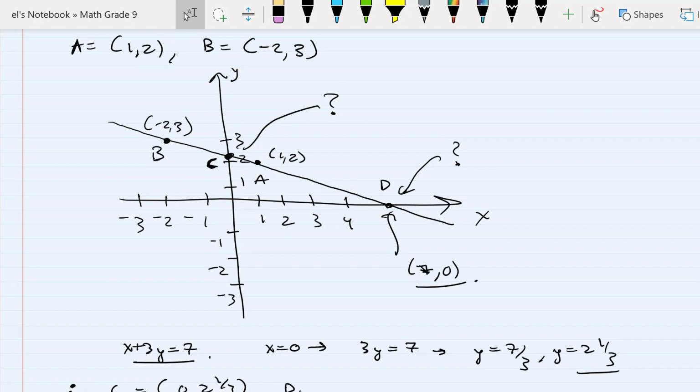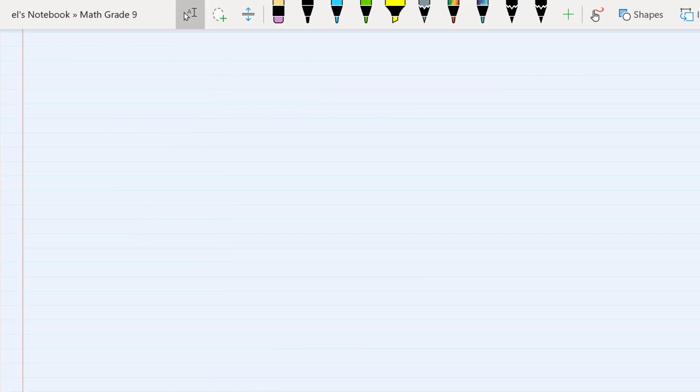The other thing to notice about our curve is that our slope is less than 0 or negative. A hint is always to try and pick x equals 0 and y equals 0 as points and solve for the other variable.